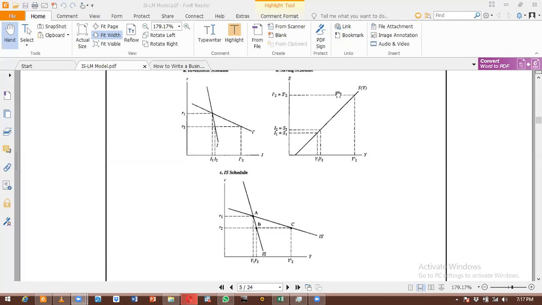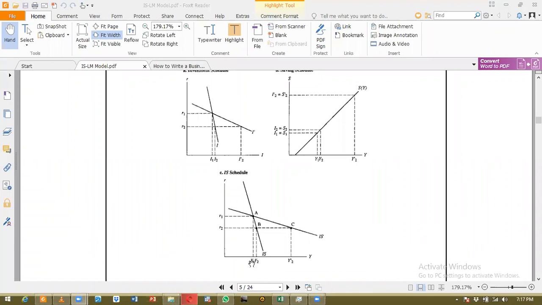So when we go to the leakages and injections, the change was very small, just from here to here, okay? And that was seen as an increase in income from Y1 to Y2.